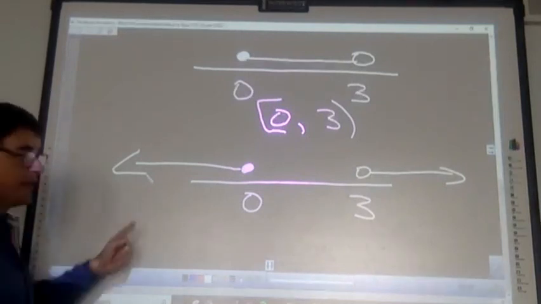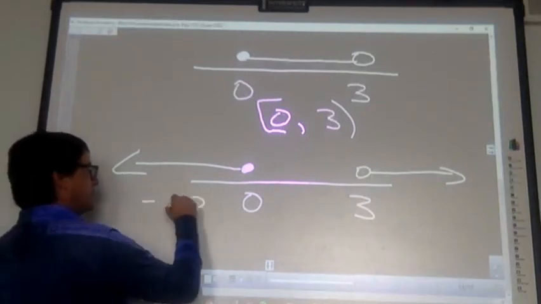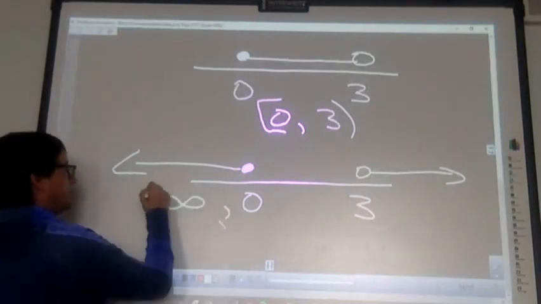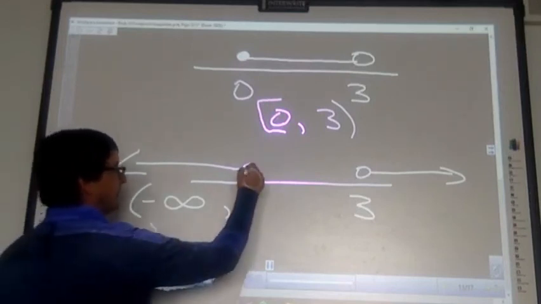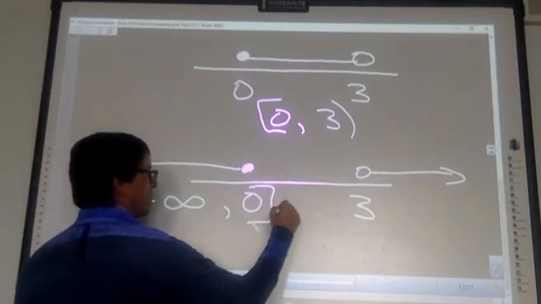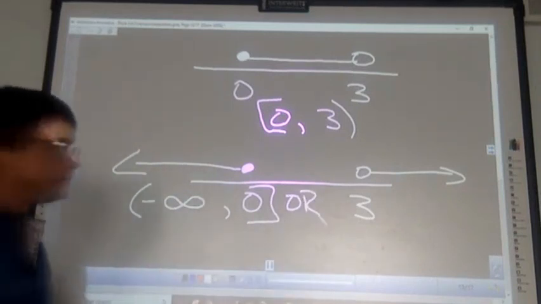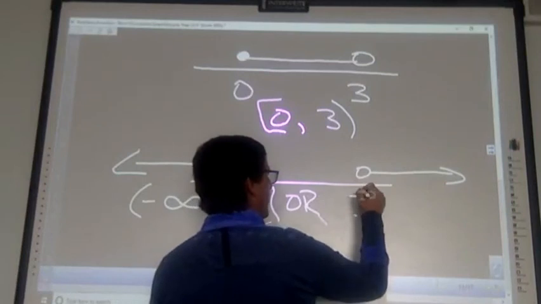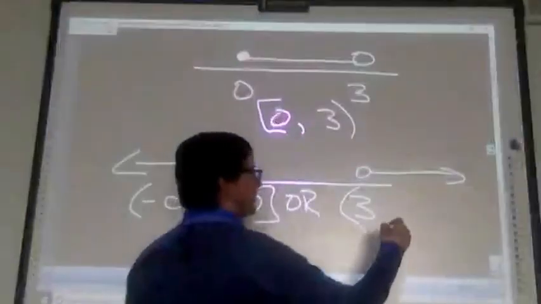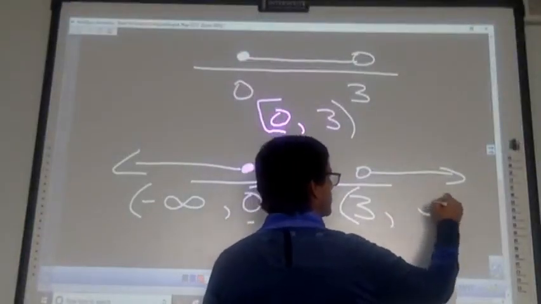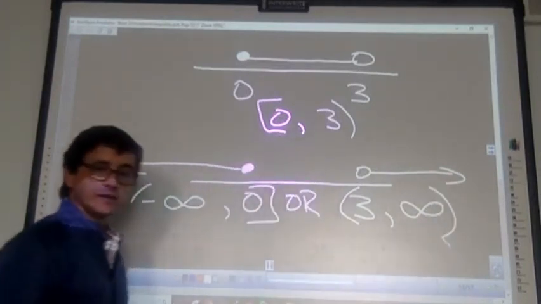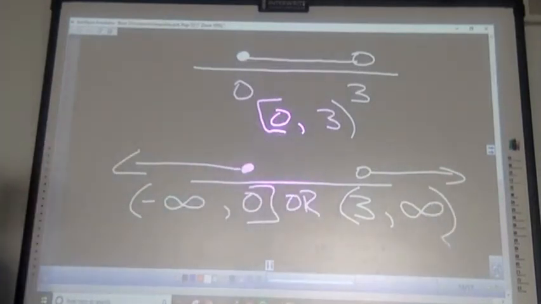So negative infinity over here, comma, always parenthesis at infinity, close dot, bracket. You have to write the word or, open dot, parenthesis, and then positive infinity, like that.